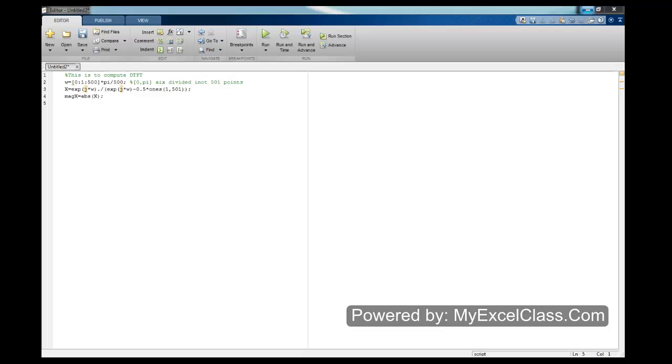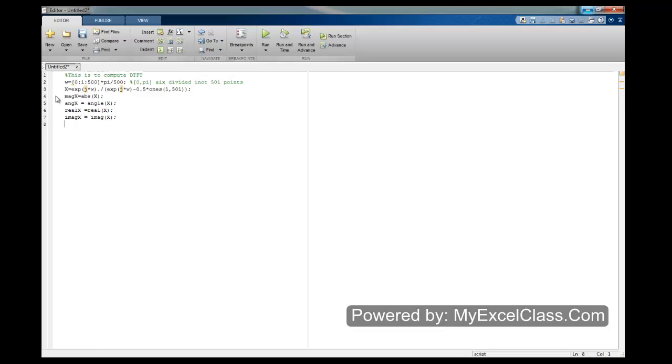So now angle x is equal to angle of X. Now real part of x is equal to real of capital X. Okay, now imaginary part of x is equal to imaginary of capital X. X has to be capital.